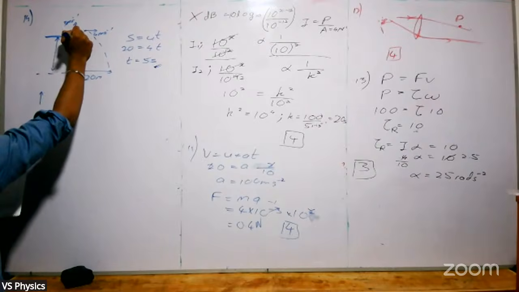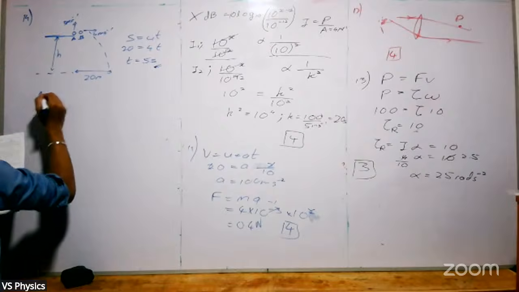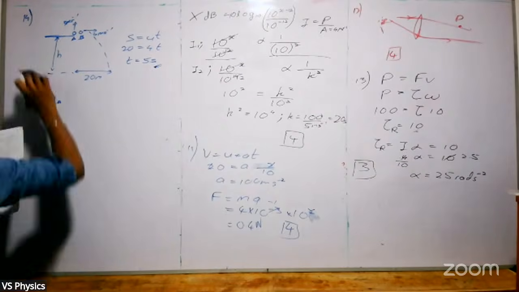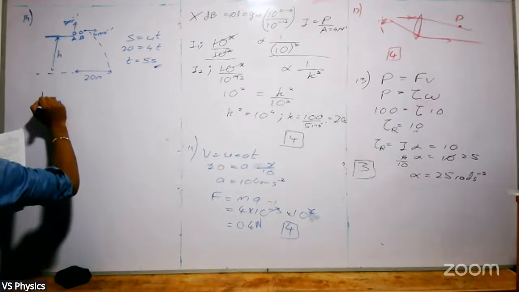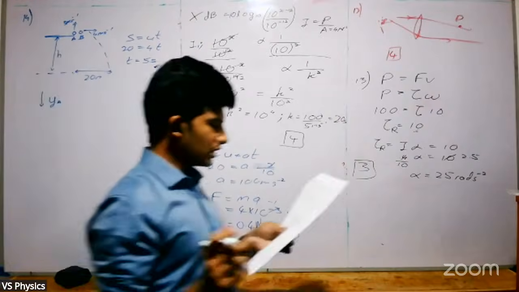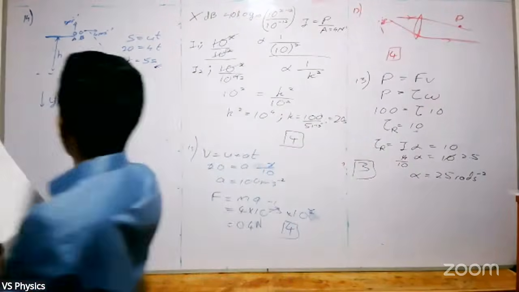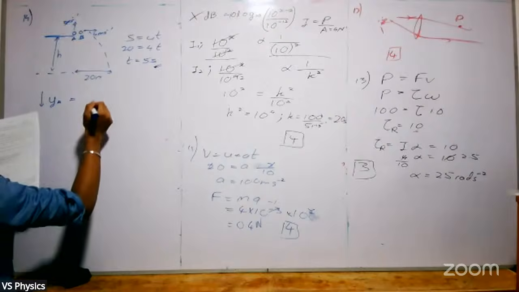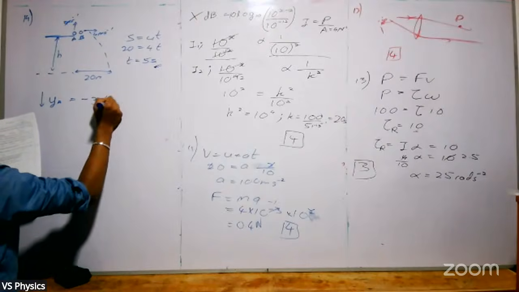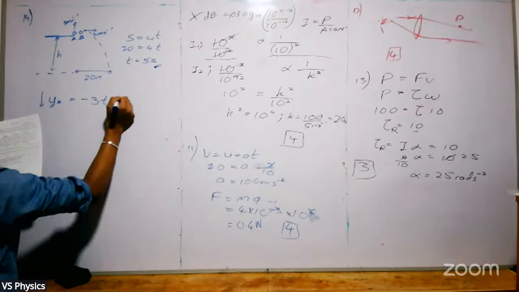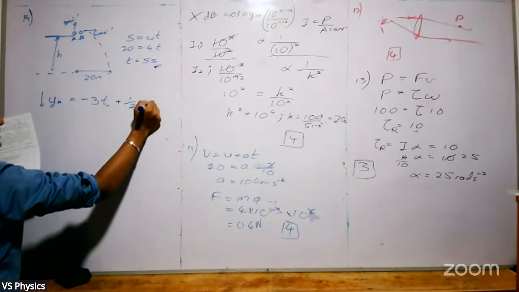First of all, we'll name the balls A and B. Downward displacement of A, let's call it YA, will be equal to 3t plus half g t squared.